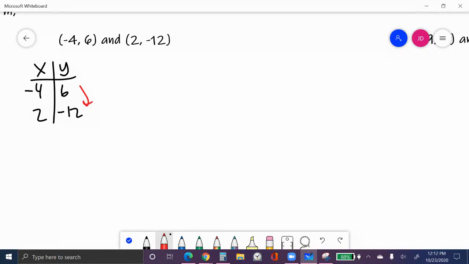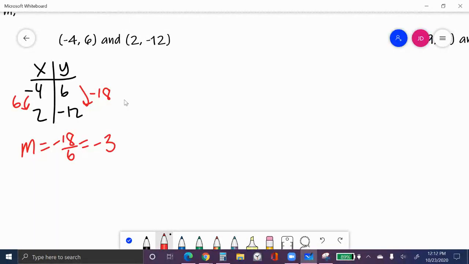This one goes down 18 to the right 6. So my slope is negative 18 over 6, which reduces to negative 3.